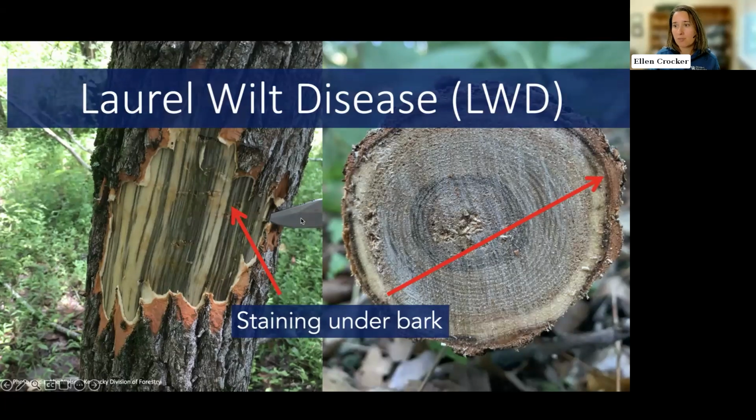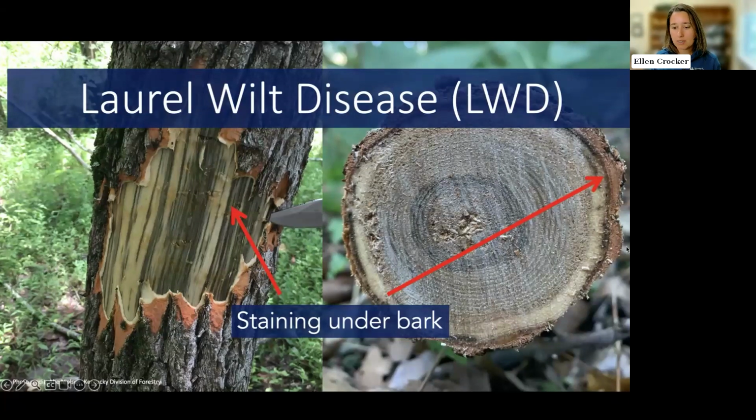It's trying to keep that fungus from spreading and shut down the movement of water through its tissue. And all of that together is resulting in a real water stress within that tree and those wilt symptoms that you see. So you might see this staining in the bark, and that's a sign of those kinds of issues that are causing the wilt.